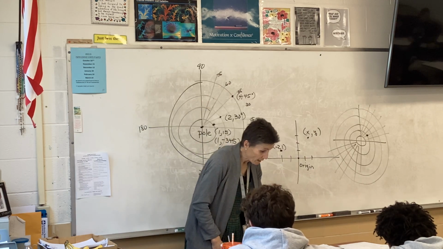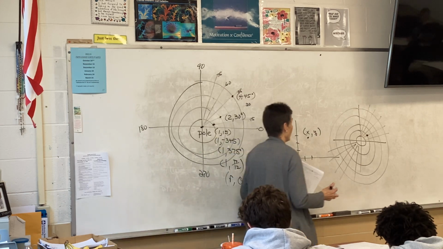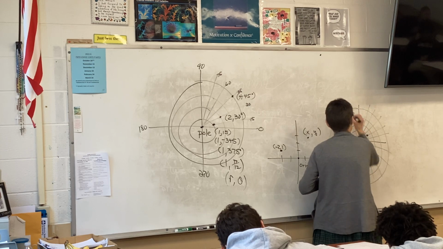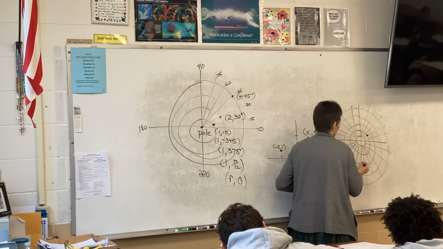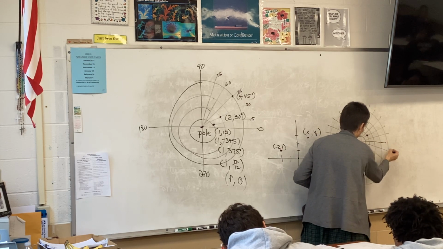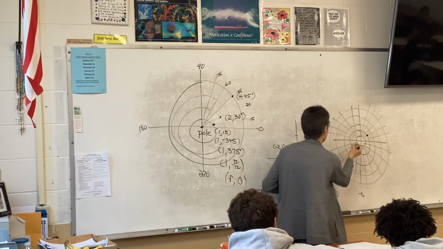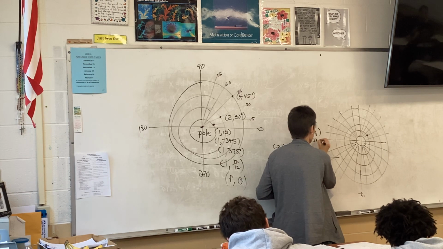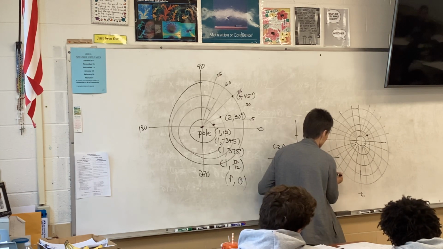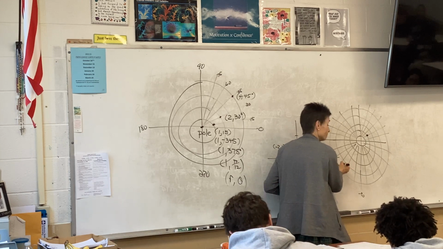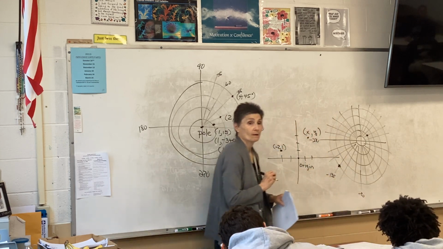All right, where is 5, negative 135? Down to the quadrant 3. So 1, 2, 3, 4, 5, and then this is negative 90, and this is negative 270. So this is negative 135. So right there. Everybody okay with that?